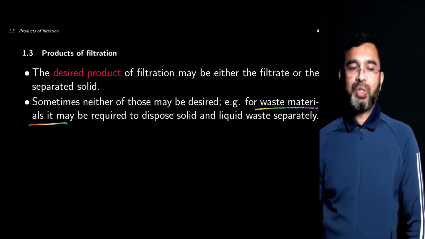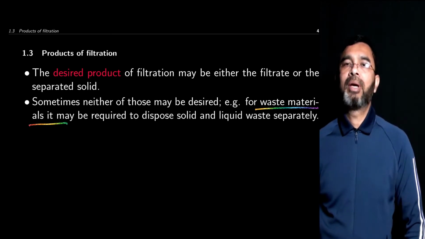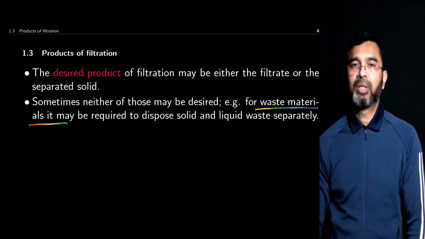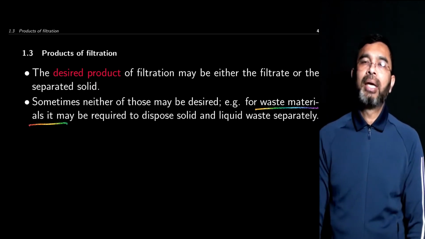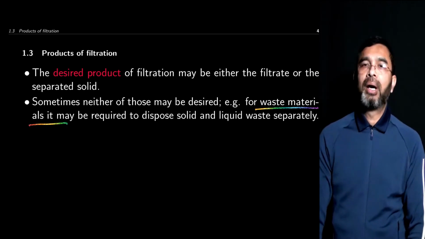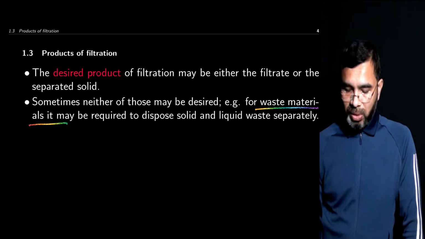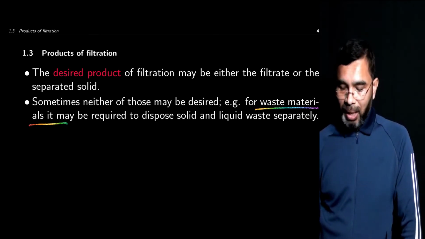For the sink strainer, you separate the liquid from the solid simply because you cannot dispose of the solid along with the liquid. That's why you separate those two and dispose of them separately. That may be the case for many industrial operations as well, where you do separation simply because you cannot dispose of solid materials in the river or whatever stream you are using to dispose of the liquid.